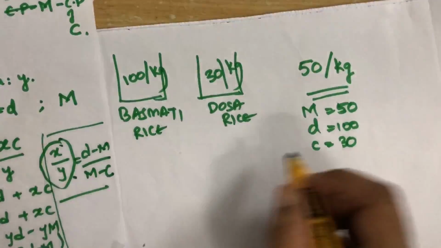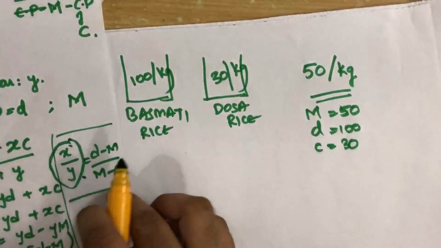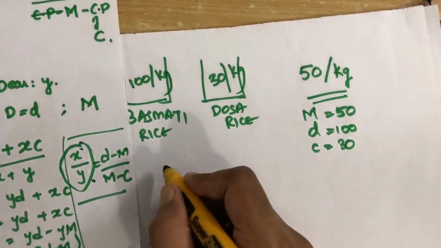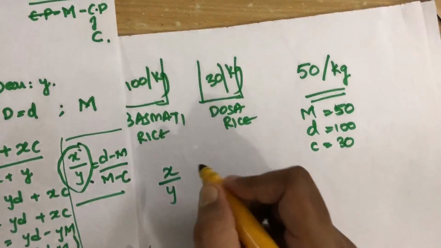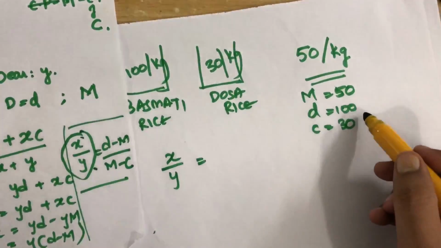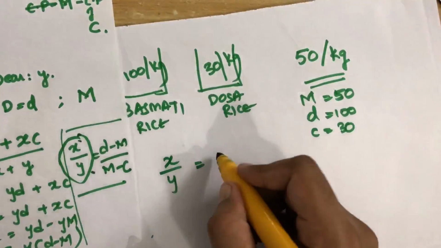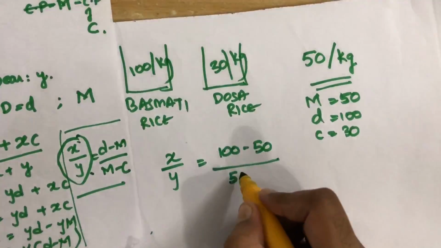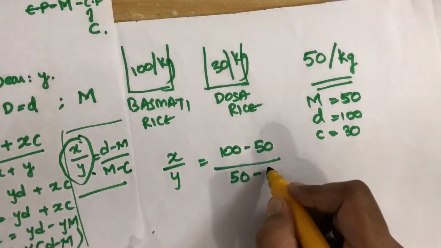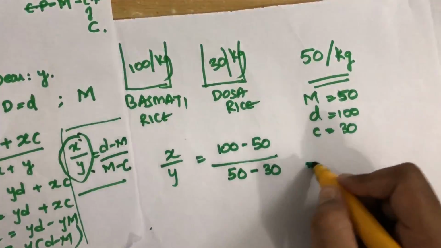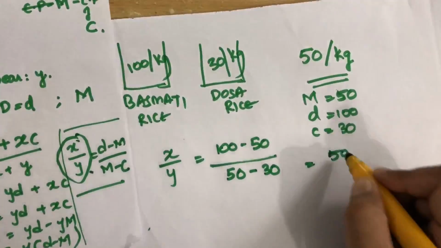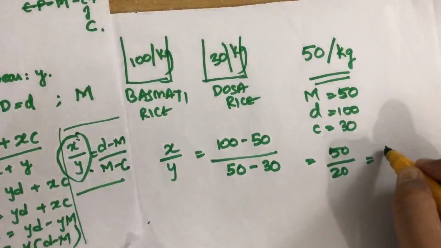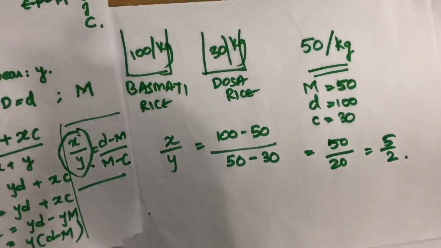So now we use this simple formula. What do we need? We need X by Y, which is nothing but the cost of the dearer, 100 minus 50, by 50 minus 30. So I have 50 by 20, which is 5 by 2.